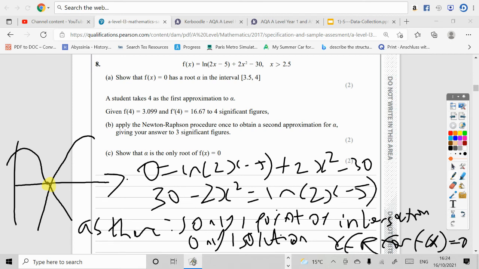Okay? It's a really bad sketch of a diagram. Basically, the 30 is this little bit up here. This is the 30.